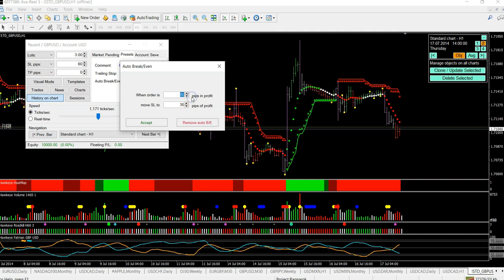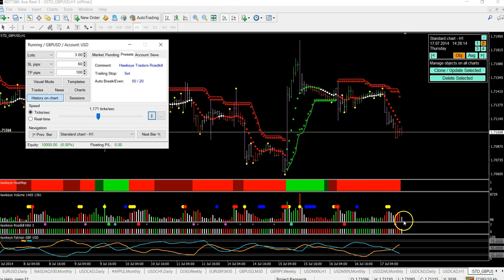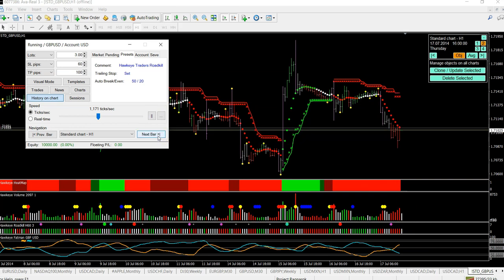So if it's 50 pips in profit, we want to take 20. Okay, let's just adjust. There's 100 pips take profit. Okay, and here we go. Simulation goes. Let's see.